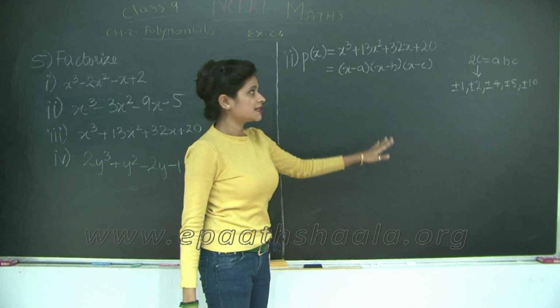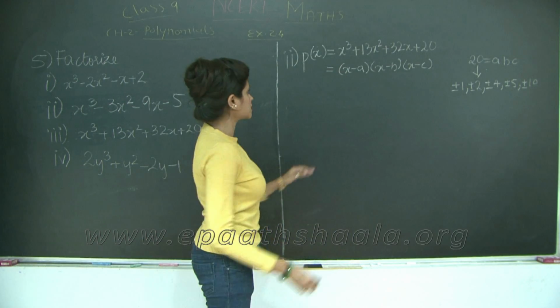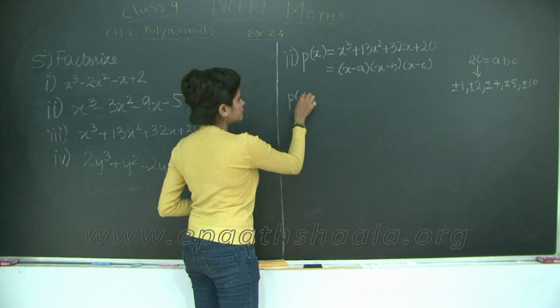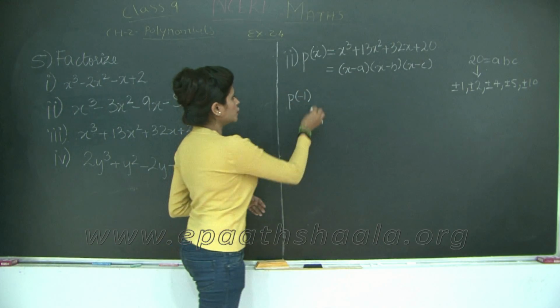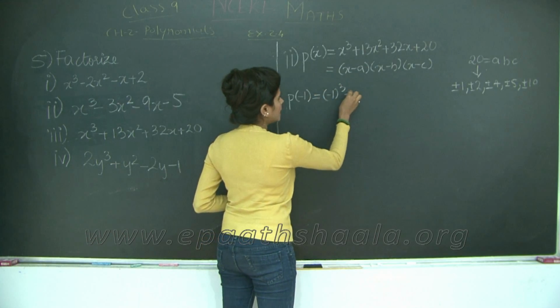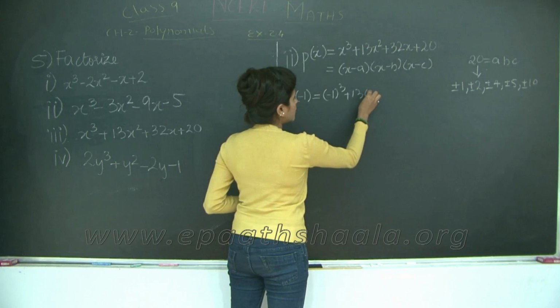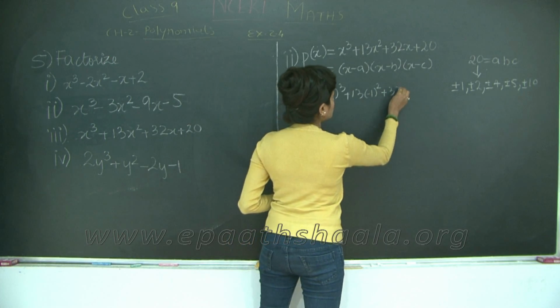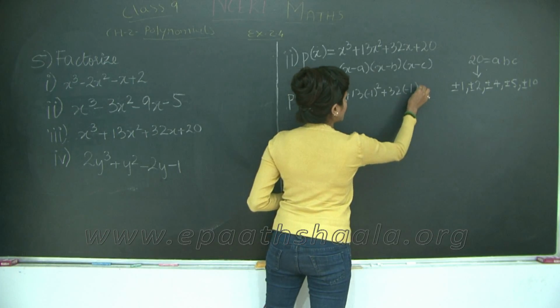We are going to use the hit and trial method to find the factors. Let's say I take P of minus 1. So P of minus 1 is going to be minus 1 cube plus 13 into minus 1 square plus 32 into minus 1 plus 20.